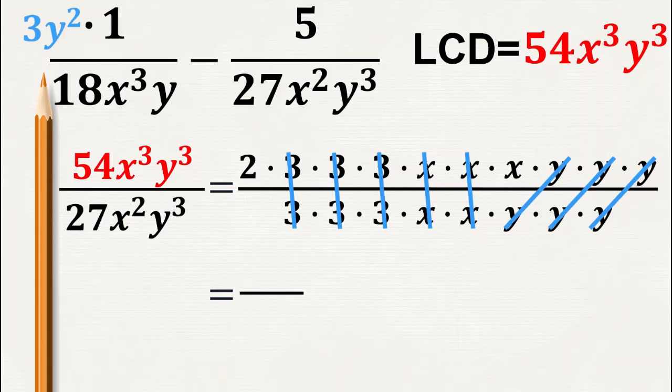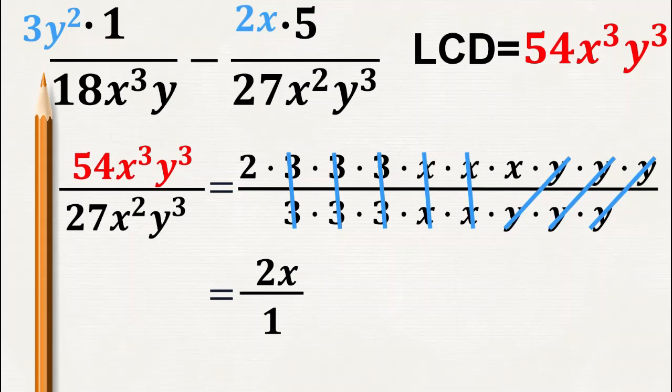So we have 2 times x is 2x. Nothing is left in our denominator. Therefore, our denominator is 1. So we have 2x over 1, or simply 2x. So the quotient will be multiplied to our numerator. So we have 2x times 5.